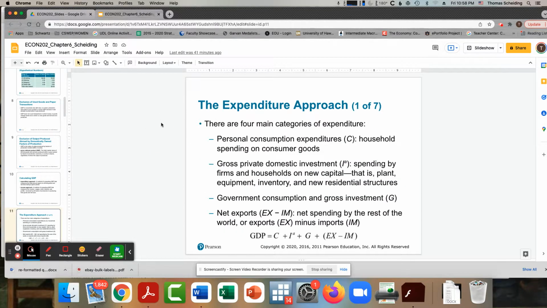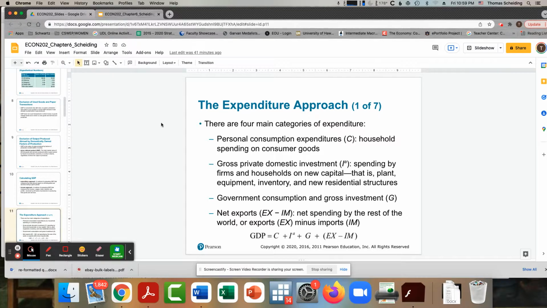So this is just kind of what I just wrote on the other slide. Again, expenditure approach would be adding up four categories: consumption, that would be household spending on goods, plus investment, that would be what households and businesses spend for new capital, equipment, inventory, new homes.